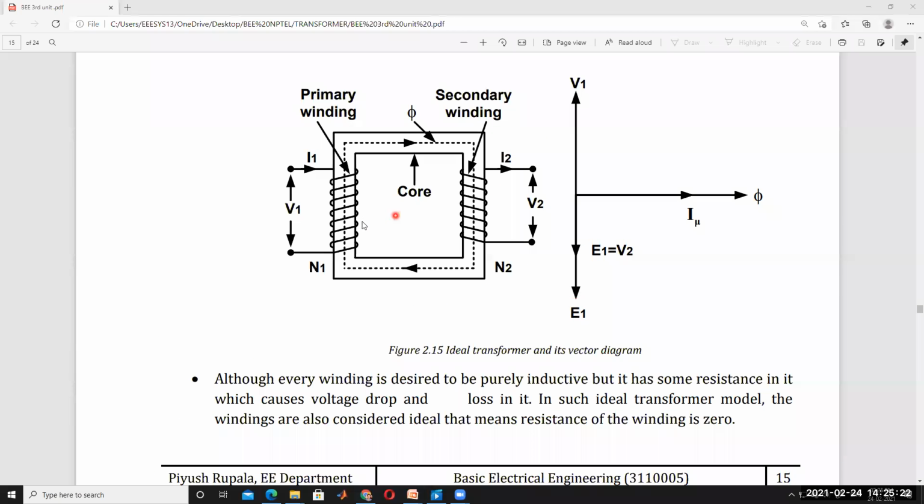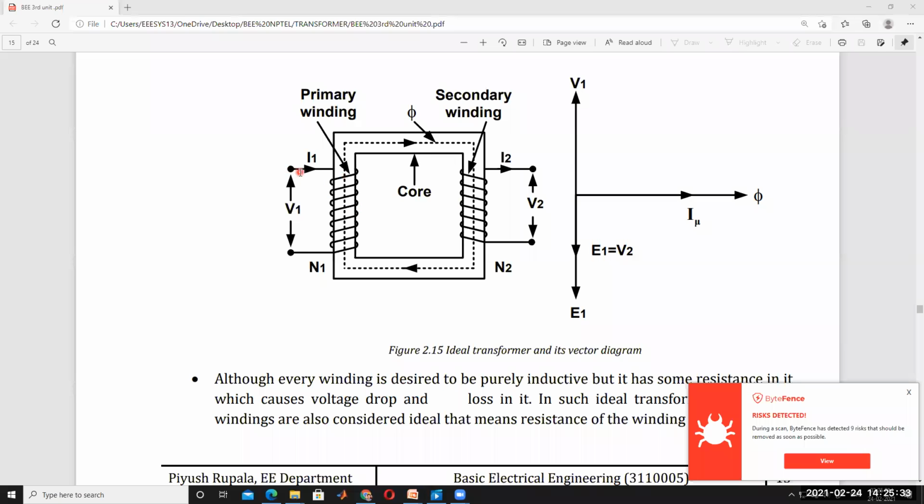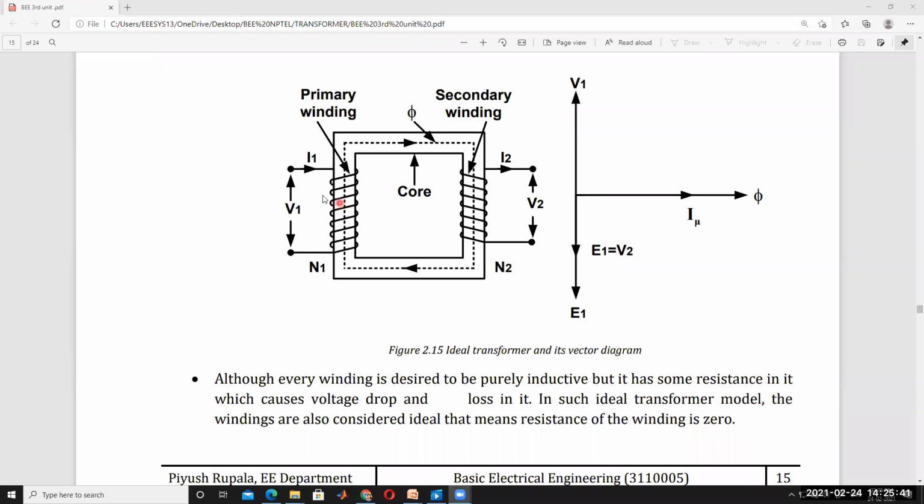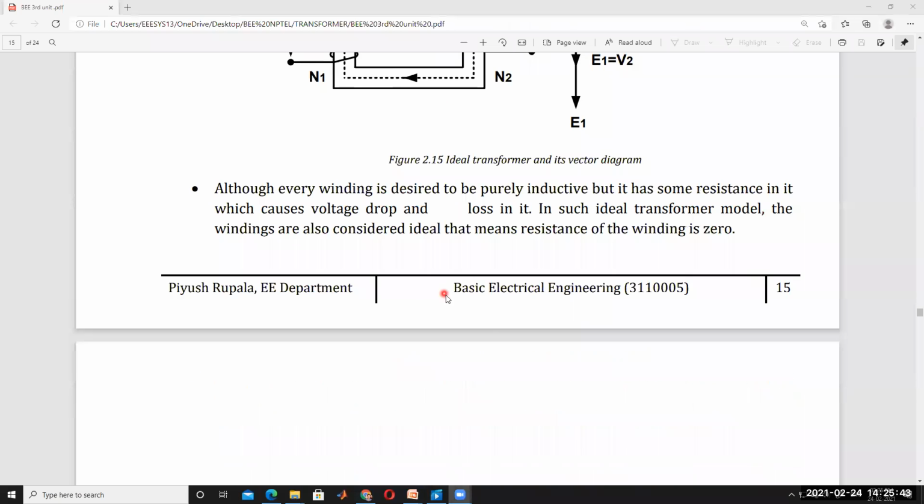So to develop this amount of counter EMF E1, it draws some amount of current from the supply. This current is called the magnetizing current, generally denoted by I mu.